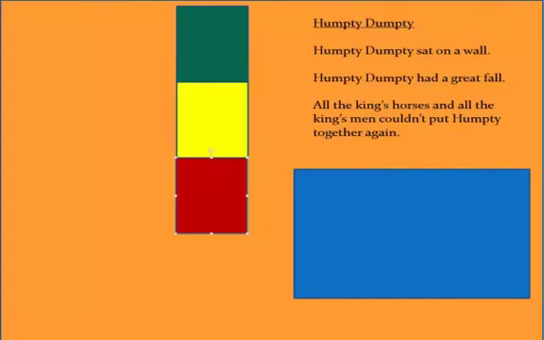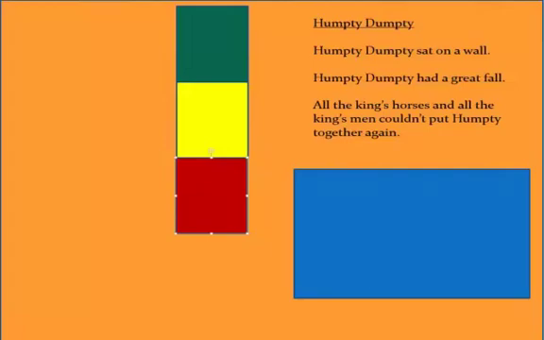Yes. And so now that I've done that, I can ask some questions, such as what happened at the beginning of the story? Did Humpty Dumpty fall down, or did Humpty Dumpty sit on the wall? So when did Humpty Dumpty fall? Was it the green?